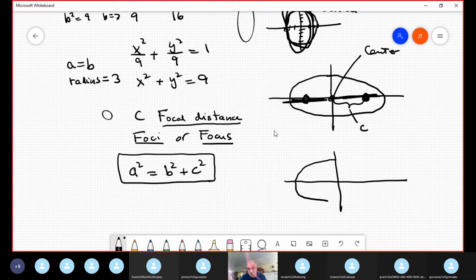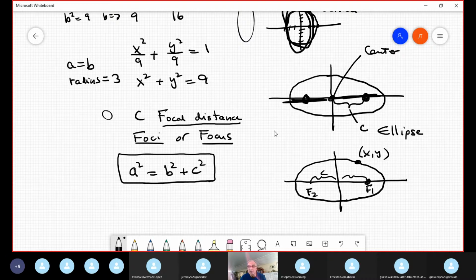I want to prove now, for example, any point. The definition of the ellipse is the geometric place, the set of points such that, suppose you have focus 1, focus 2, and this distance is C, and this distance is C, the focal distance.